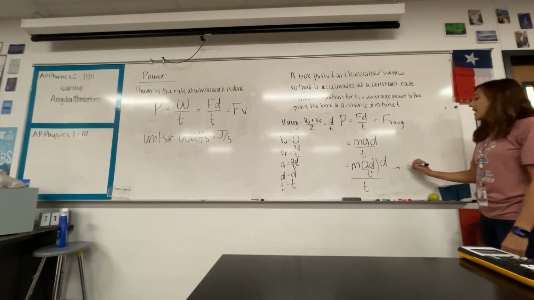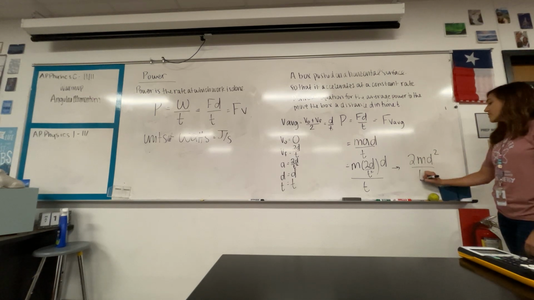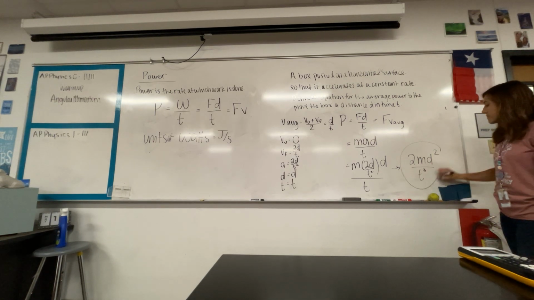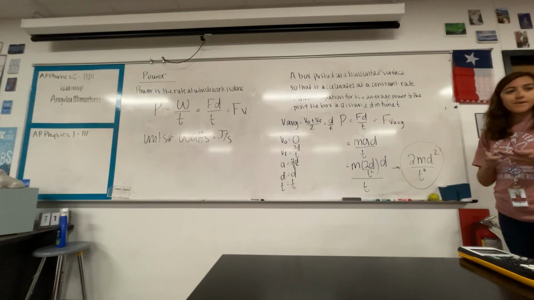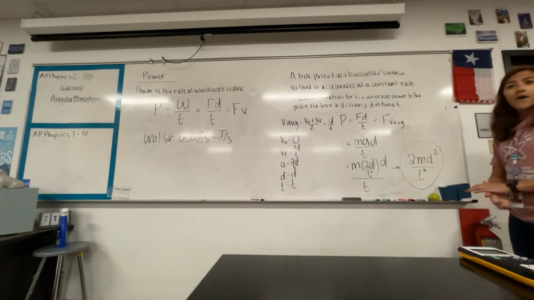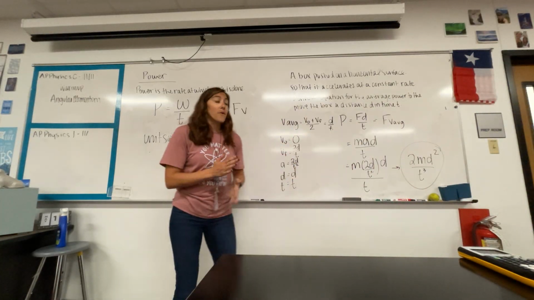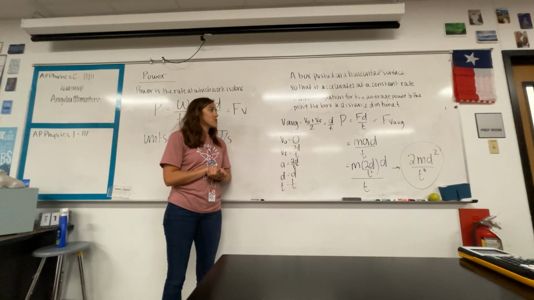If I simplify that, I get 2md squared over t cubed. That would be the average power for this box as it's pushed and going at a constant acceleration.